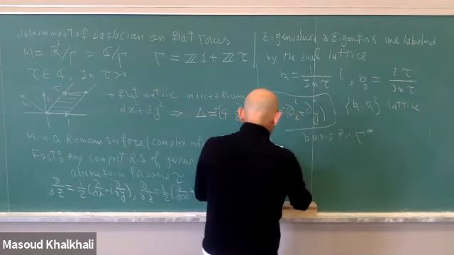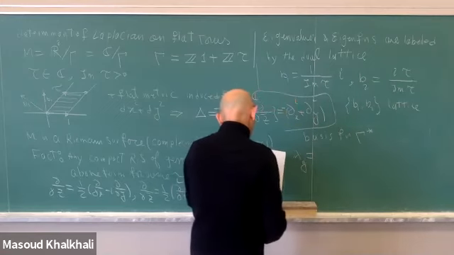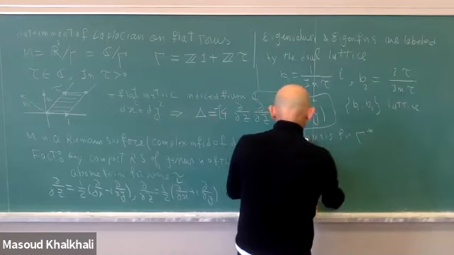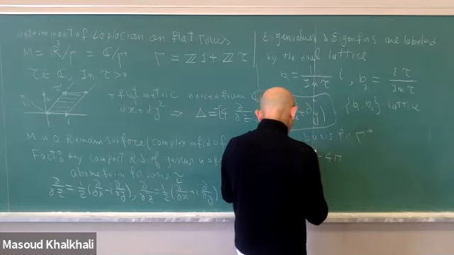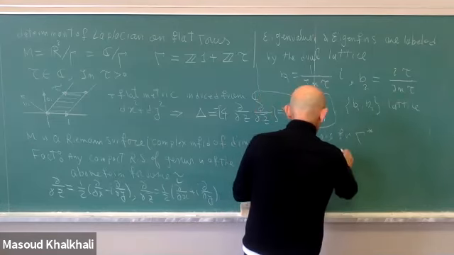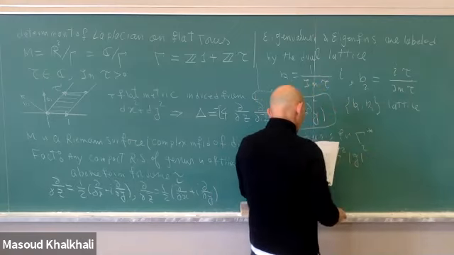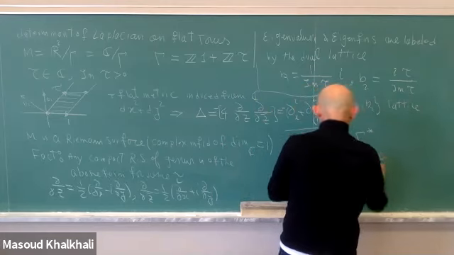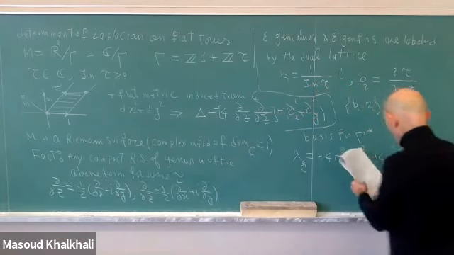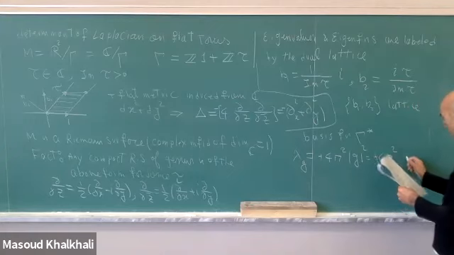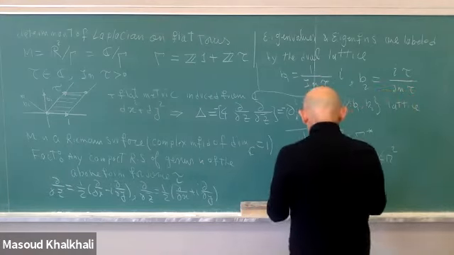The eigenvalues lambda_g are 4 pi squared times the norm of g squared, and this is going to be of this form, times the absolute value of m plus n tau squared.